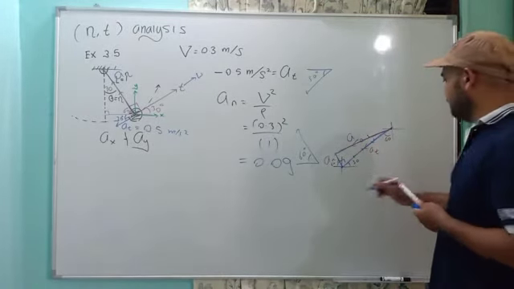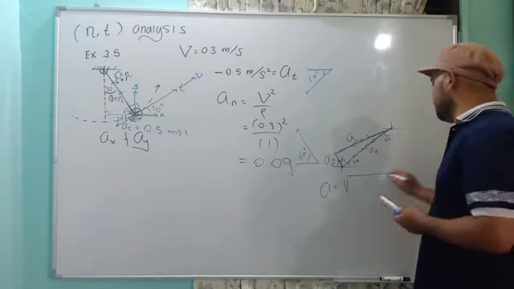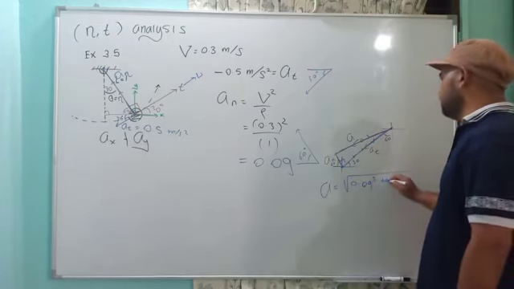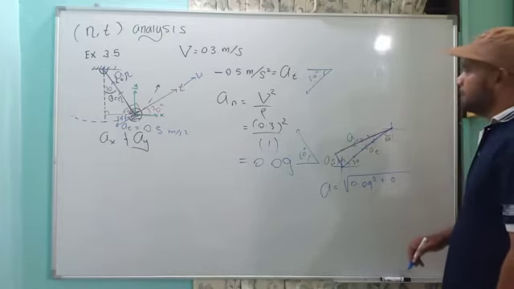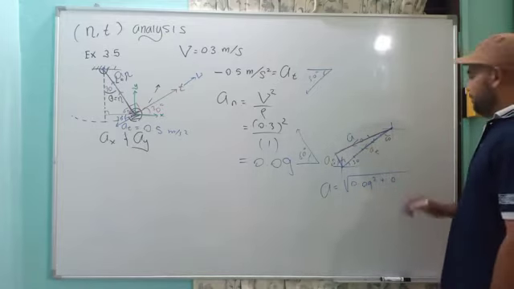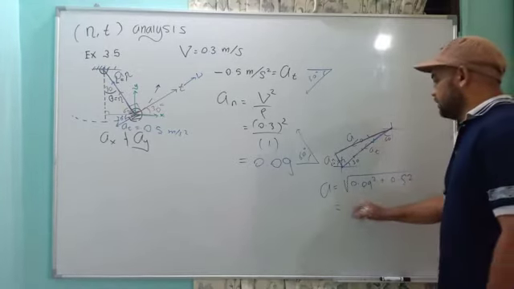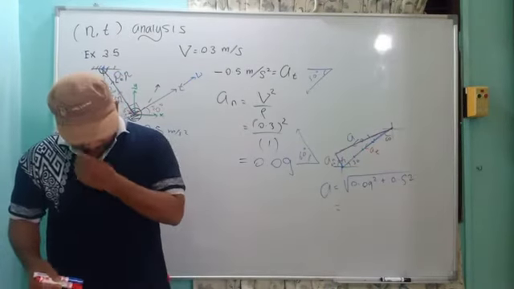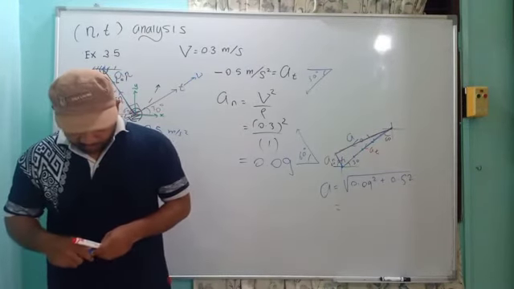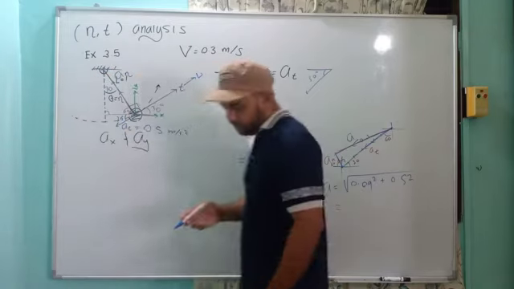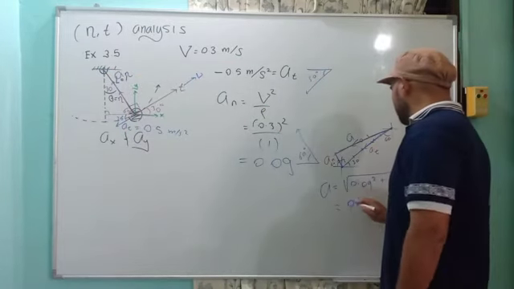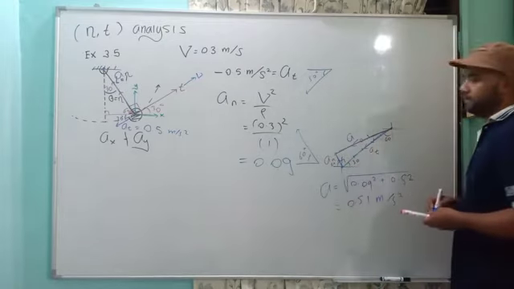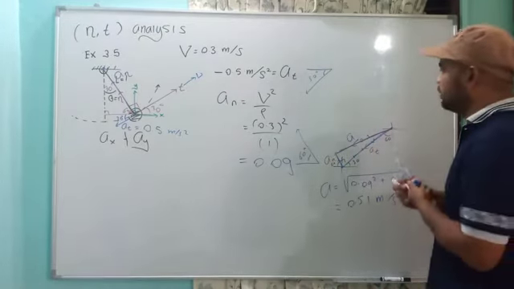So what is the value of A? A equals the square root of 0.09 squared plus 0.5 squared. So you have the A, use your calculator. Okay, so the A is 0.51 meter over second squared. Now you need to know the direction.